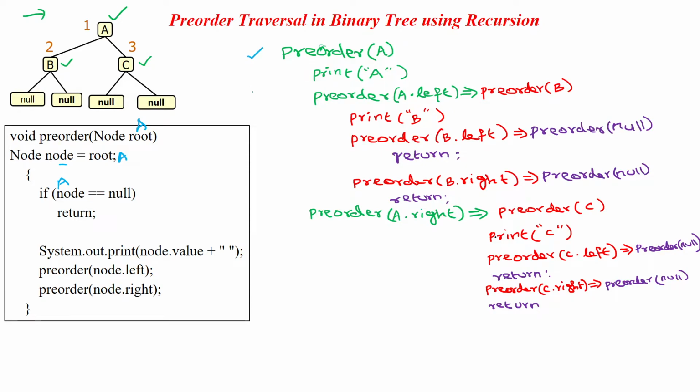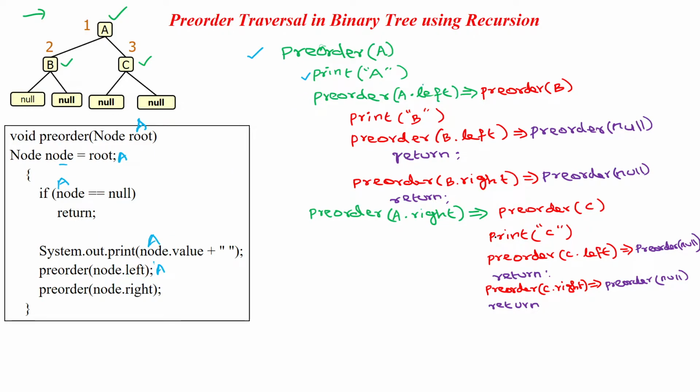So preorder of A is passed into the method. Now the node is printed, so node is A, so A dot value is printed. Then for A we are passing node dot left.